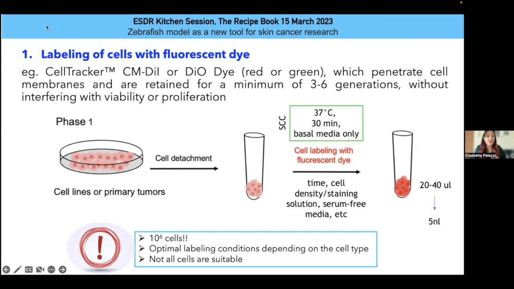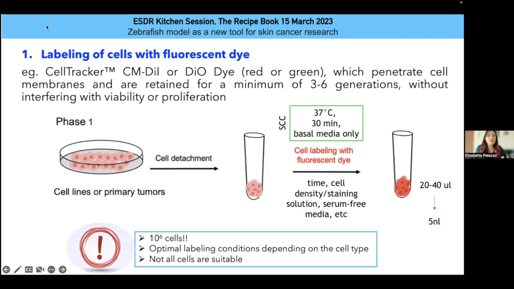Here, the critical step is to take into consideration the number of cells. In our experience, starting with 1 million cells is the optimal condition to guarantee that every time we inject a larva, we have the same number of cells, and so we have really reproducible results. Of course, we need to optimize the labeling conditions, as I said.